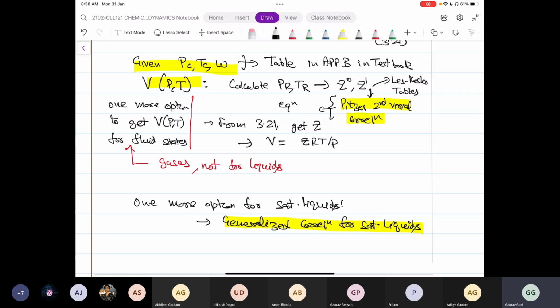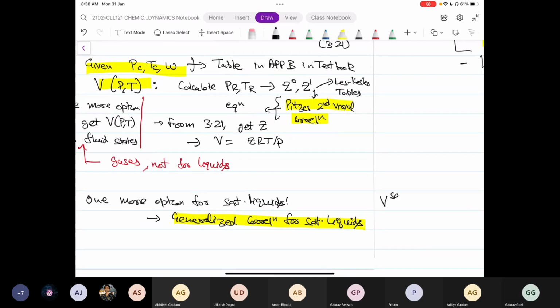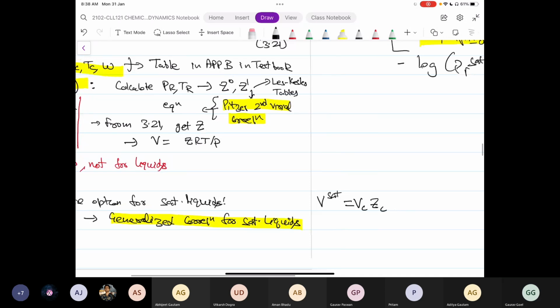In some sense you can say it is closer to the Pitzer second correlation. I will reproduce the equation from the book. In the textbook, there is an analytical equation which says the saturated volume of a liquid for a variety of different species can be expressed by this empirical correlation.